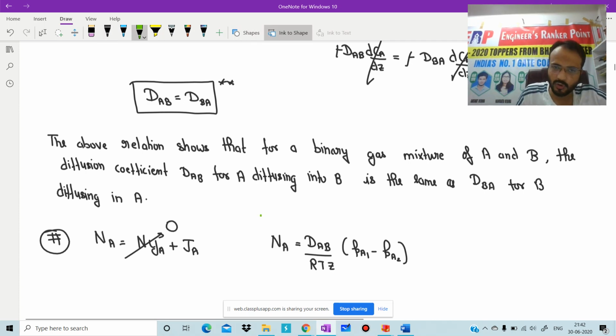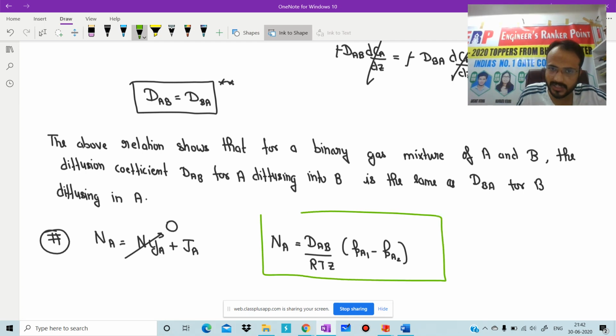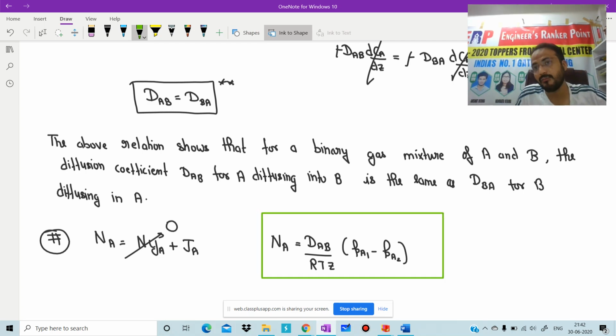Again, this is an important formula, but for which case is it applicable? This is applicable for case second. DAB P by RTZ. What is the basic difference between this formula and that formula? In this formula, the term P by PBM bar is absent.